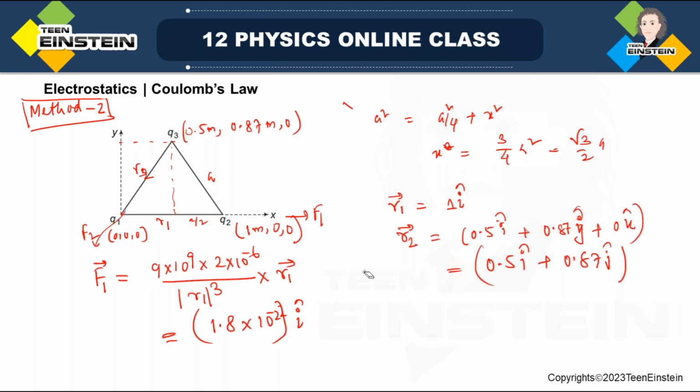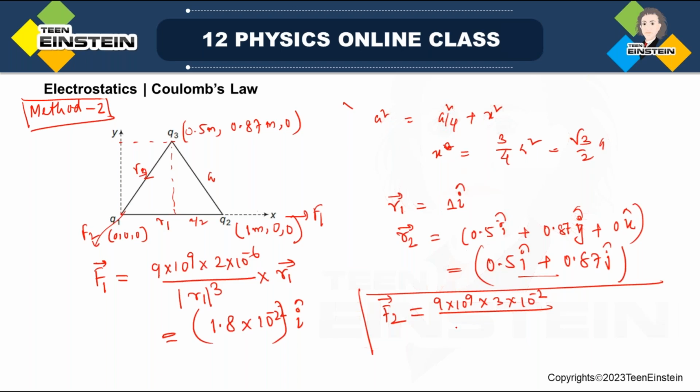Similarly, if I calculate the force F2, it is 9 into 10 to the power 9 into 3 into 10 to the power minus 2, divided by the mod of this vector.